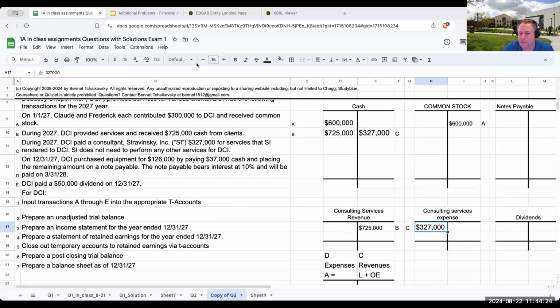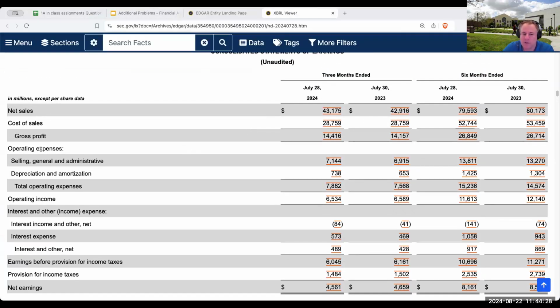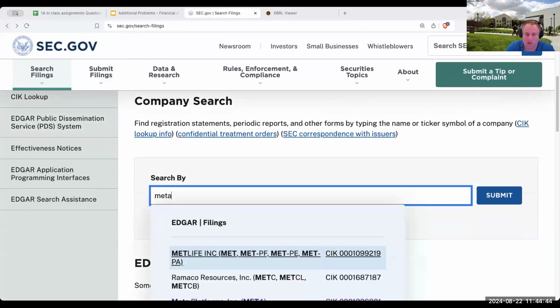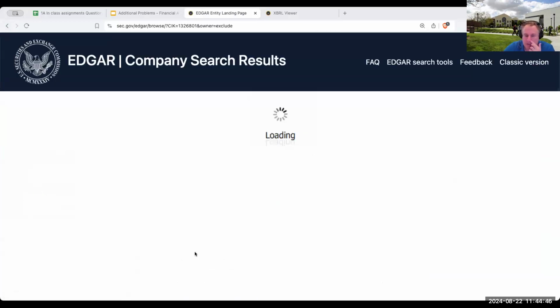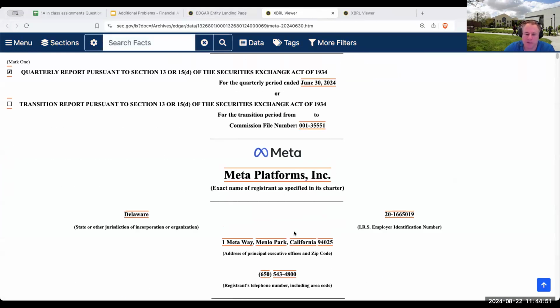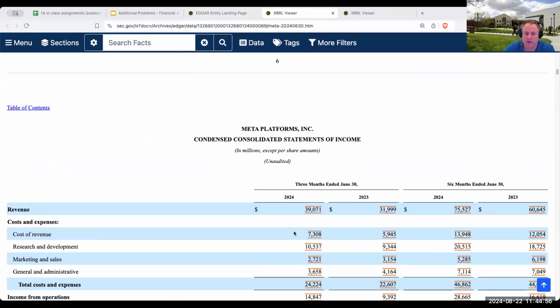There's no future obligation. And when we look at a company like the Home Depot, you'll see over here we've got gross profit, which we'll talk about in a future lecture, but then we get down over here to operating expenses. Let's look at a different company really quickly that might be a little bit more applicable to us in terms of the type of work we're doing. Let's look at our friends at Meta Platforms that know everything about all of us.